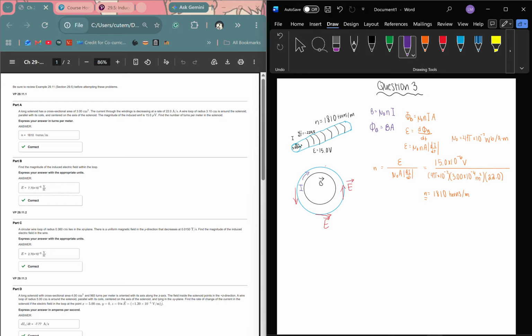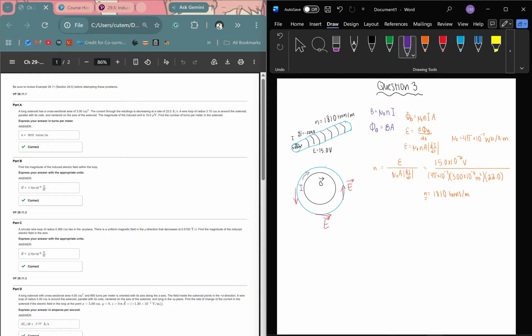Yeah, that's the best way I could describe it. The changing magnetic field induces the electric field that forms a circle around the solenoid.